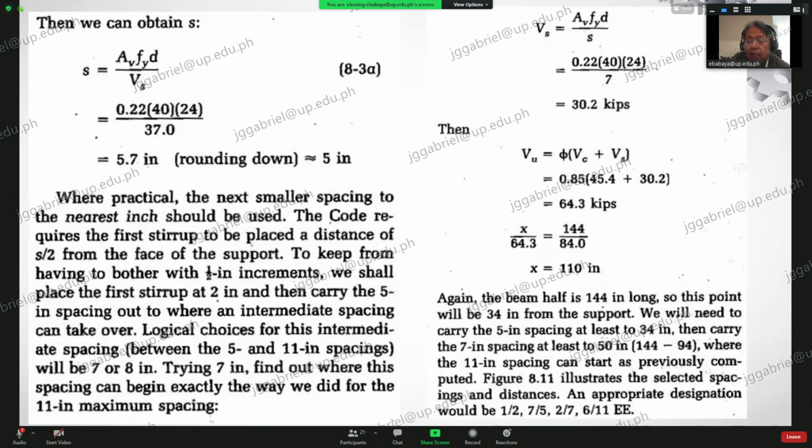You have 11, right? So you can still have a spacing between 5 and 11. You just add the two and divide by 2: 5 plus 11 is 16, so 8 is possible. In this case, it used 7. It says logical choices for this emergency spacing.